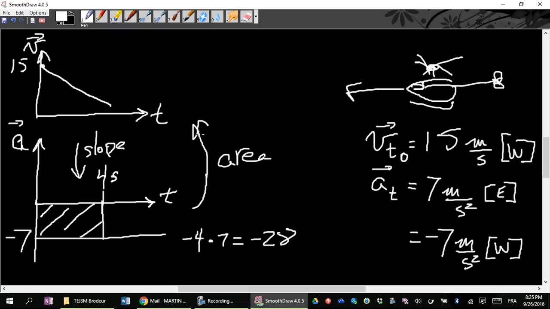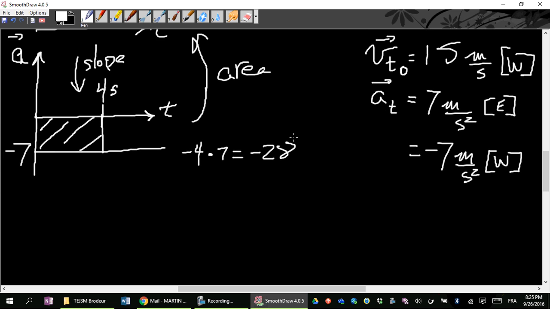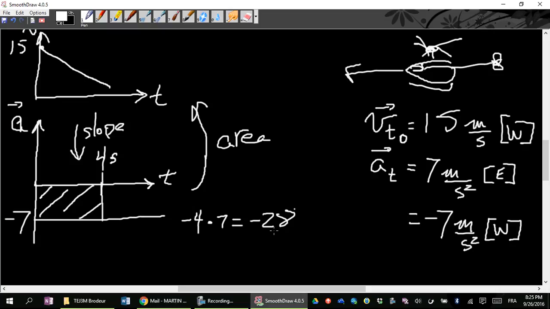basically going down this way, going back in graphs, I'm getting what I need to change my y value by, right? So I'm going to have to go down by 28. That means that this helicopter, by what I'm seeing here, is actually going to go backwards now.